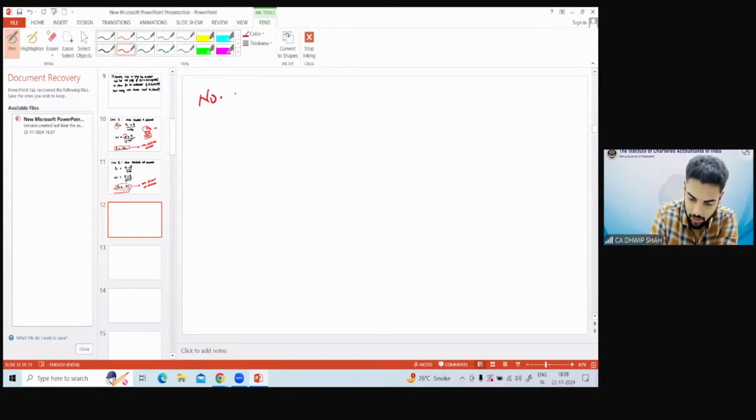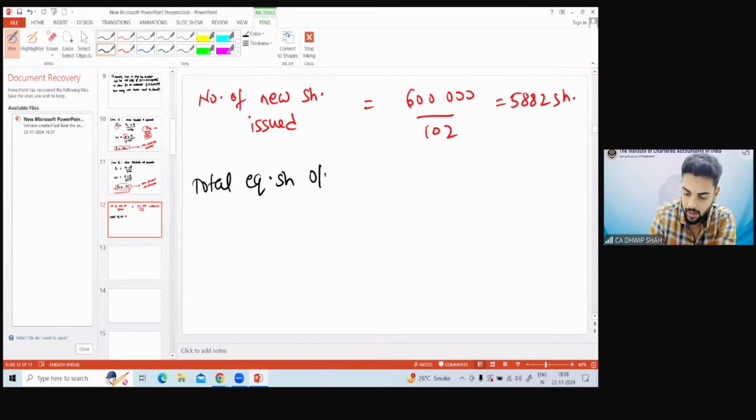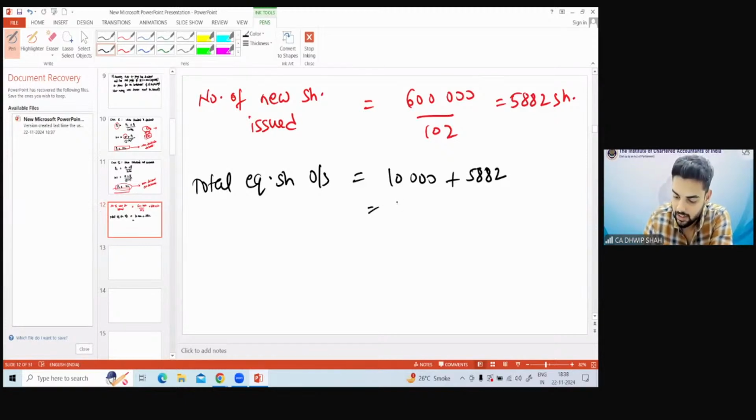So the number of new shares to be issued was 6 lakh divided by 102, which comes to 5882 shares. So my total equity shares outstanding at the end of year one would be the existing 10,000 shares plus newly issued shares 5882, correct?